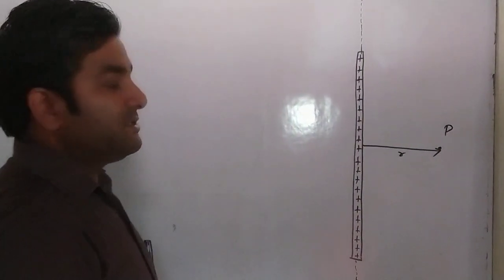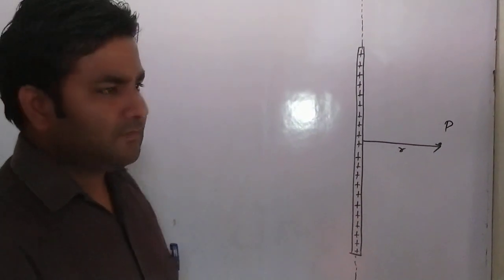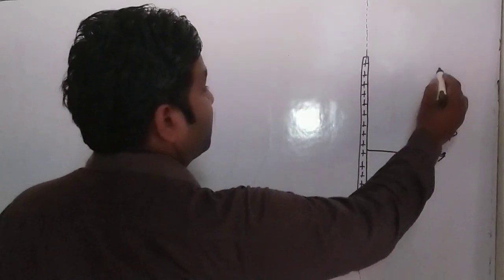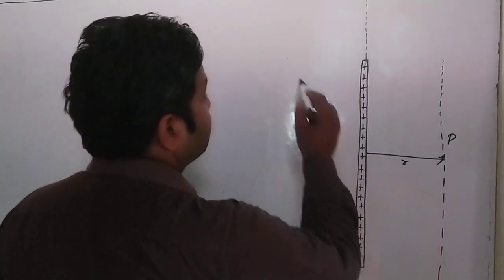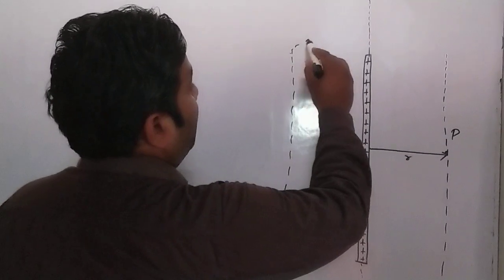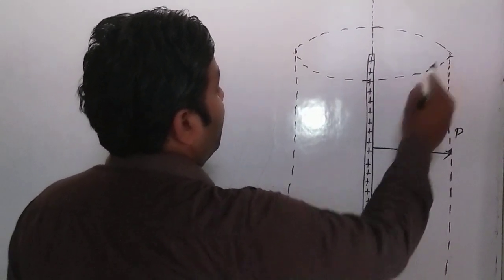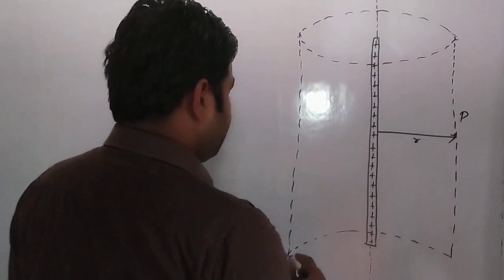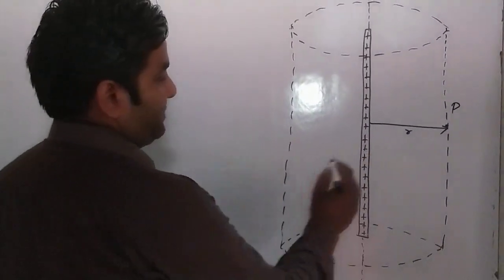If we imagine a hollow cylinder, then the diagram will be in such a way. In this diagram, we can easily calculate the value of intensity at point P. There are three surfaces.